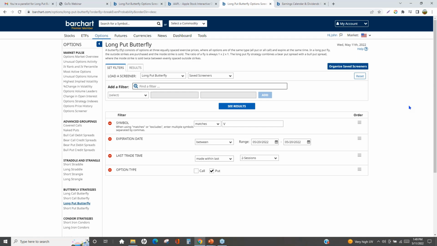We would exercise our right. We bought the higher put and we bought the lower put. We would exercise those, and then we would be assigned the ones that we are short. So it would be a net wash on the total position, and it would just be the maximum loss at that point.